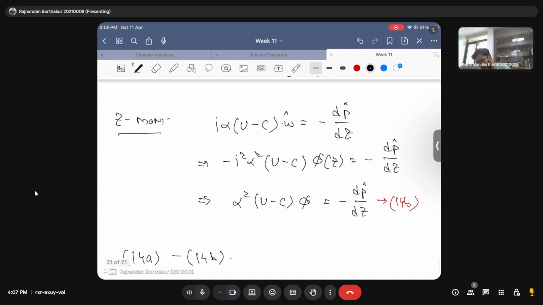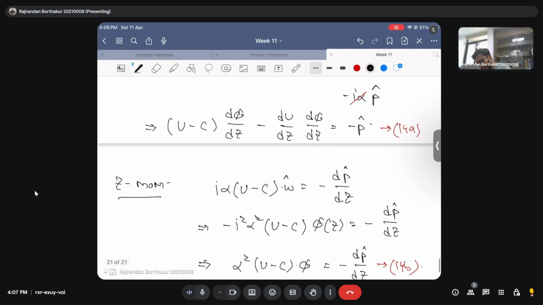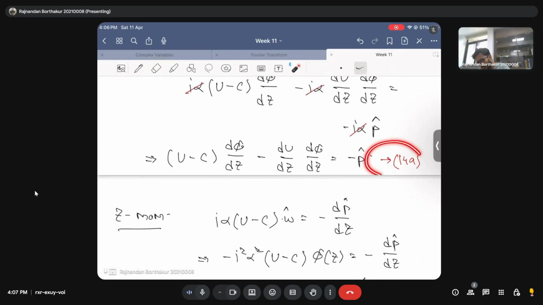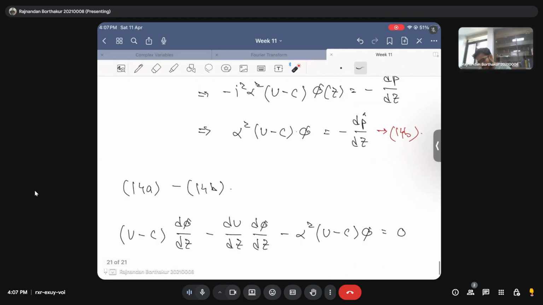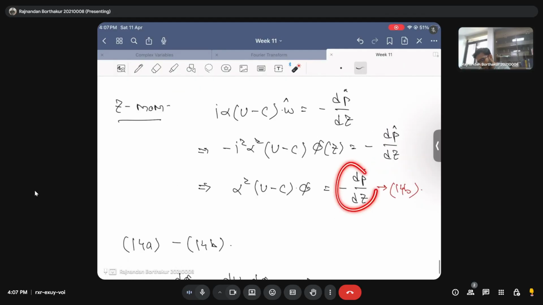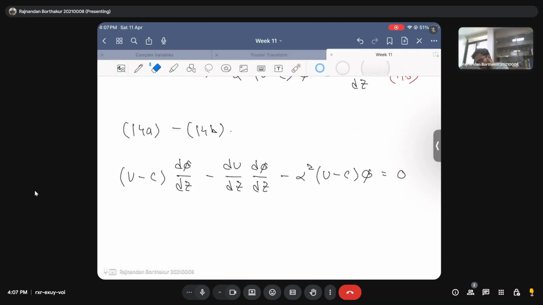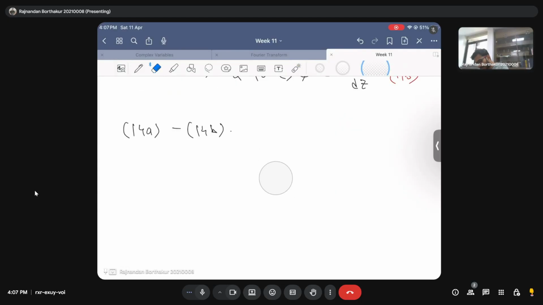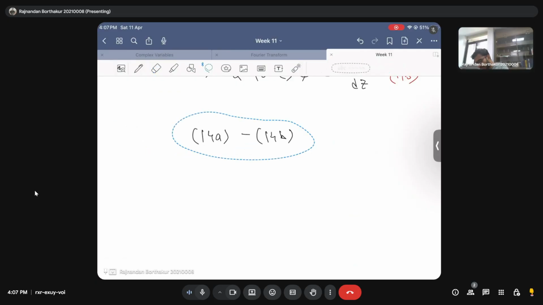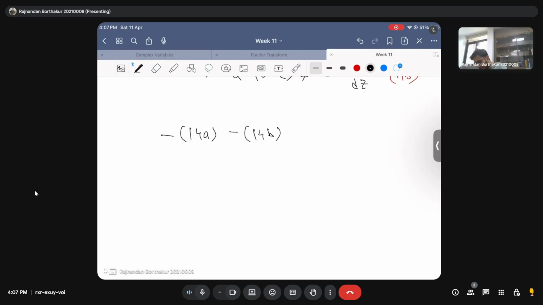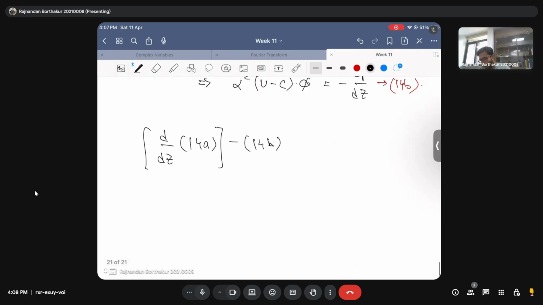Which means if I want to now eliminate p, I need to differentiate first this term with respect to z, and then subtract this term, because in this term we have dp by dz. So what we need to do is first take the derivative d/dz of equation 14a, and then subtract 14b from it.